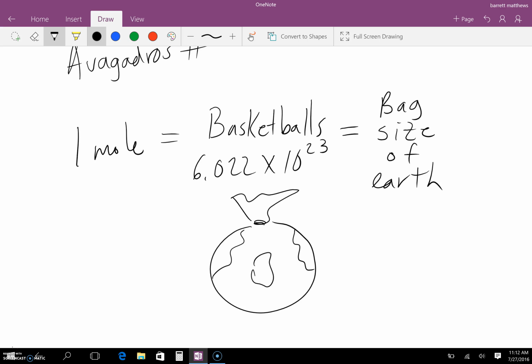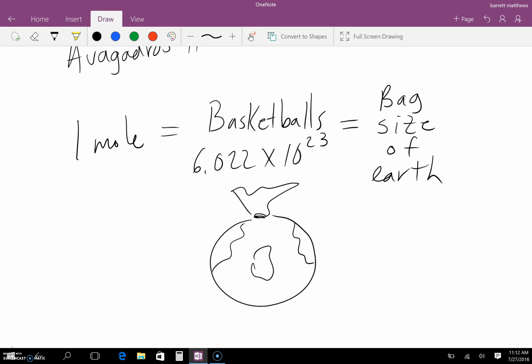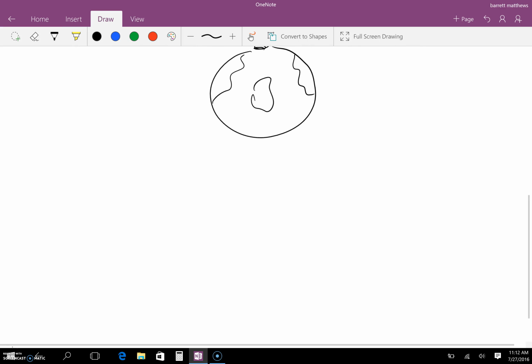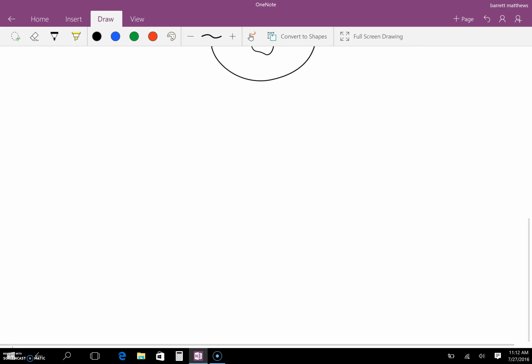Okay, this number is very, very large. But it's okay because atoms are so small. So when we use things like basketballs, we can see how huge it is, but atoms are so ridiculously small that this number works.